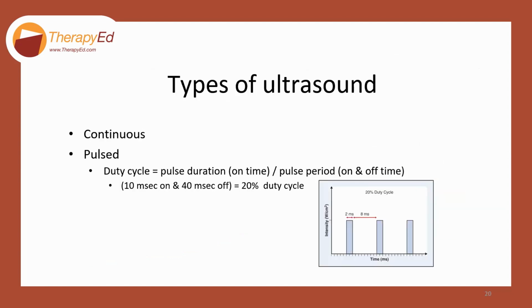And again, there's different types. There's continuous, there's pulsed. The pulse duty cycle is usually set at 20% because that's what a lot of the research has been done on. There might be better duty cycles, but that's what we know has worked in some of the research studies.